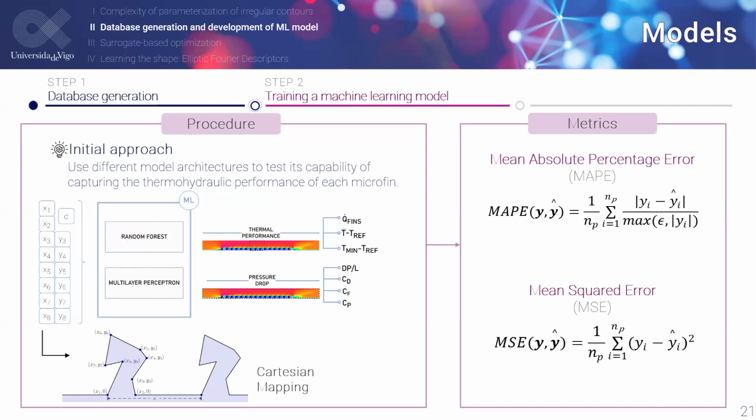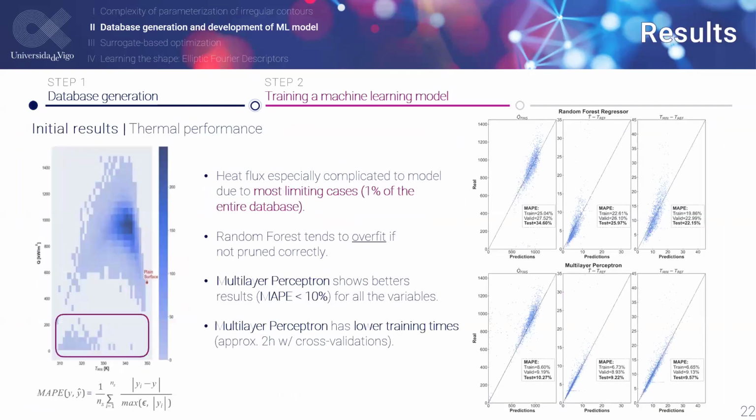We measured the accuracy of different data-driven models using different metrics, in this case mean absolute percentage error and also mean square error. Here you have some initial results of models that were trained, in this case a neural network and a random forest, using the entire database.